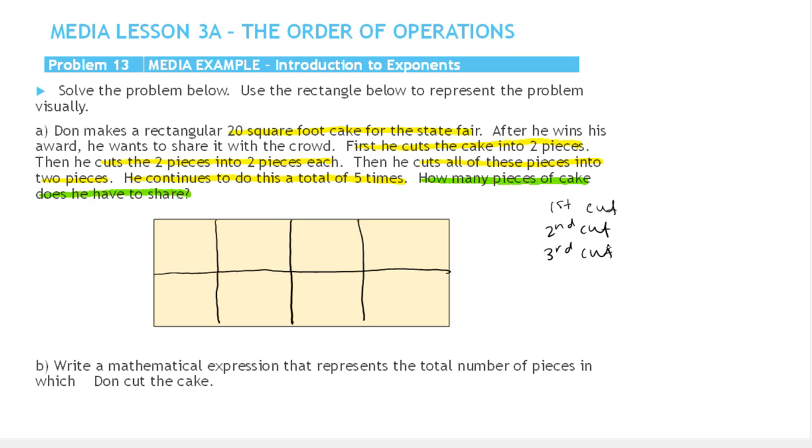Okay. And I know I did more than one cut, but I'm thinking of it as the third time I cut the cake. Okay. And it says he continues to do this a total of 5 times. So we need to cut these in half, each of them, cut them into 2 pieces 2 more times. So to cut these into 2 pieces, I'm going to go this way and this way.